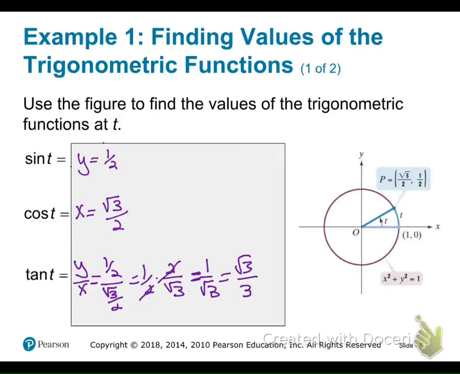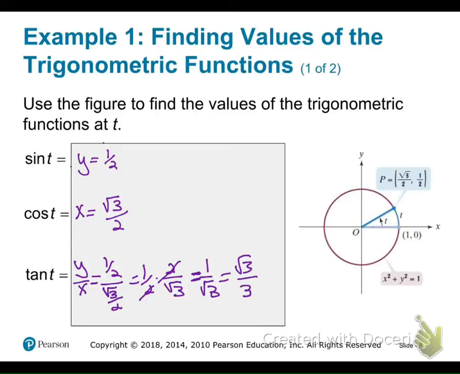Underneath that, we see that tangent was defined on the last page as y over x. So we took our y value and then divided it by our x value. After rationalizing and getting that square root of 3 out of the denominator, we were able to arrive at square root of 3 over 3. Does that help?